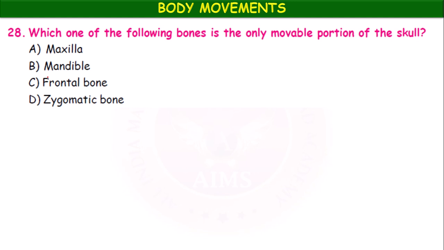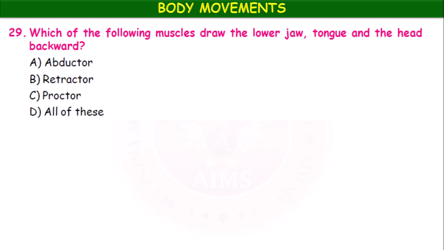So, which one of the following bones is the only mobile portion of the skull? Maxilla, mandible, frontal bone, zygomatic bone. It is the mandible or lower jaw. Okay. Which of the following muscles draw the lower jaw, tongue and the head backward?